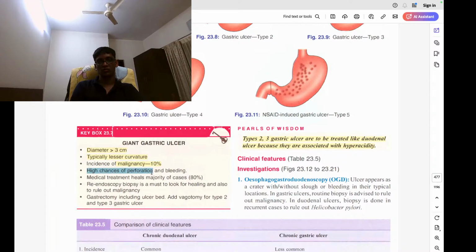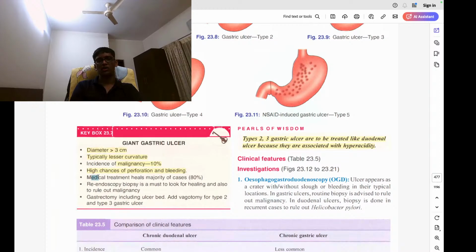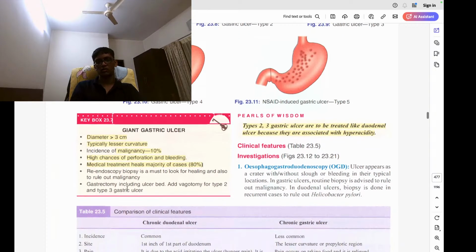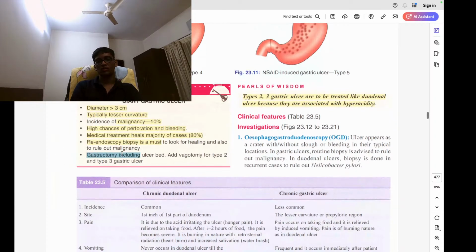High chances of perforation and bleeding. Medical treatment heals the majority of cases, 80%. Re-endoscopy and biopsy are a must. Gastroenterostomy including ulcer bed excision and vagotomy for type 2 and type 3 gastric ulcer. Gastrectomy.